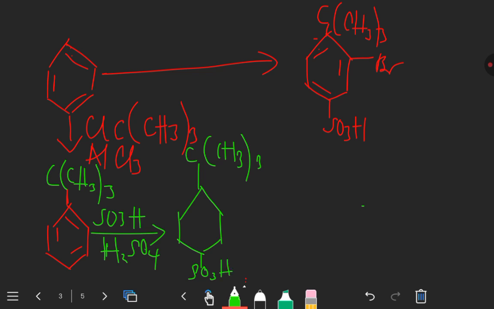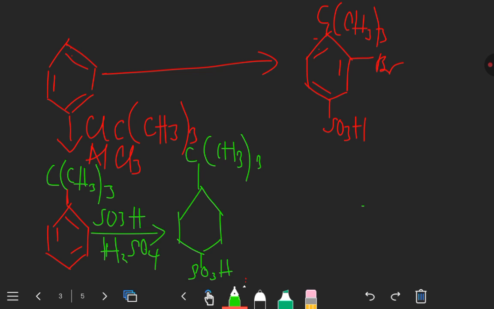SO3H. Now to form this bromine there, or the bromide rather, they had to do this reaction. They had to perform a reaction which is known as bromination. So they added a bromine, and this is still alkylation. They had to perform this type of alkylation by adding the bromine on this position, which is just the meta position if you are considering the ortho, para, meta positions.